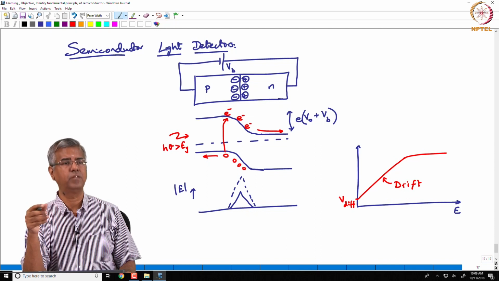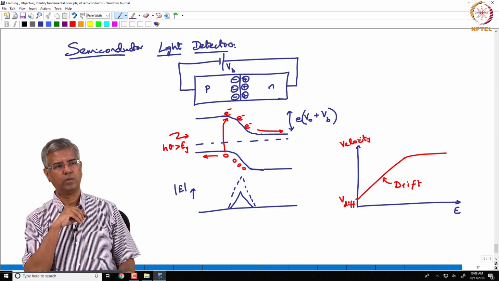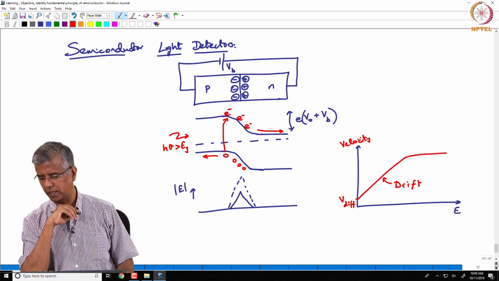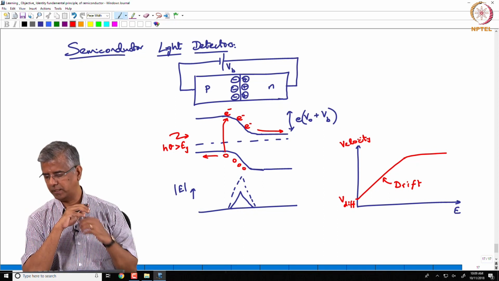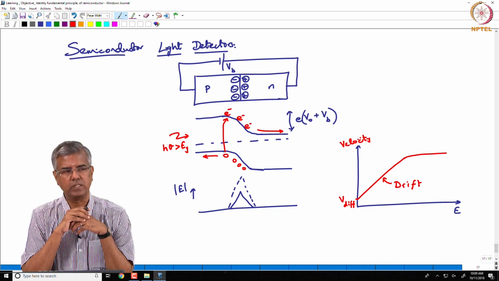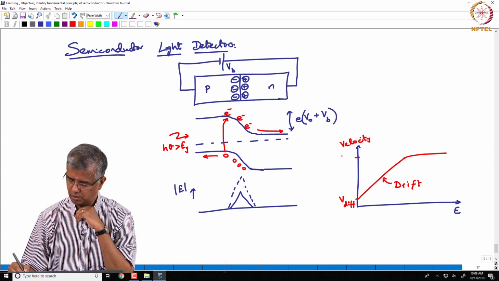So, larger the electric field, larger the velocity we are tracking of these charged particles' movement, and we are basically saying that under the influence of electric field, the velocity increases and it achieves a saturation velocity which is in the order of 10 power 5 meters per second.